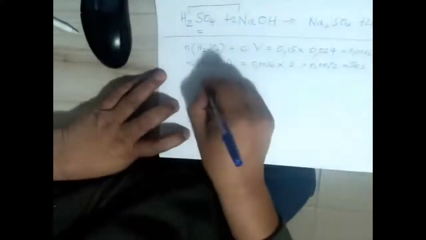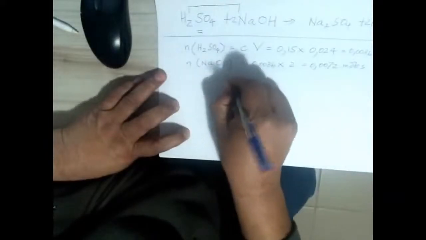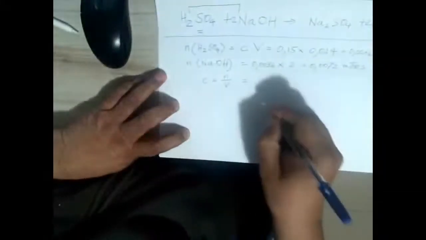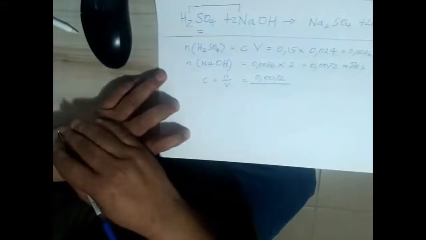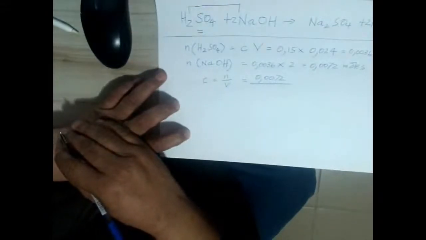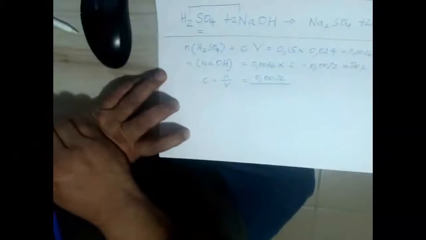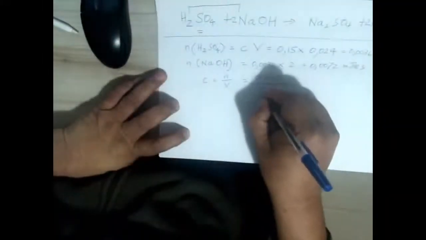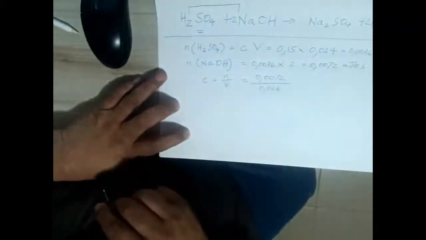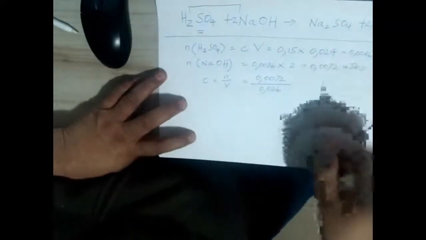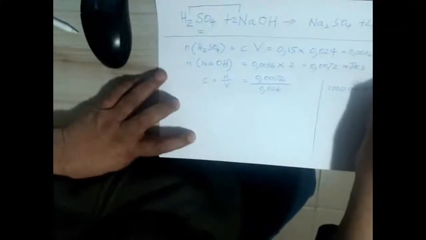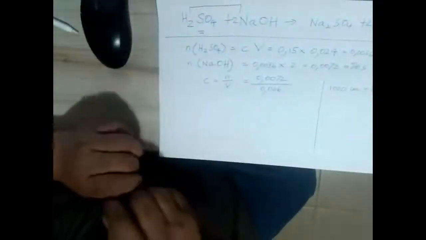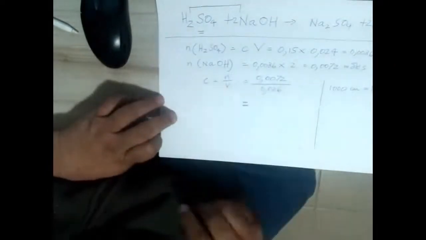Right, and then concentration is moles over volume, and we get 0,0072 divided by the volume of sodium hydroxide, which was 0,026. And notice, I remind you that 1,000 centimeters cubed is equivalent to 1 decimeter cubed.